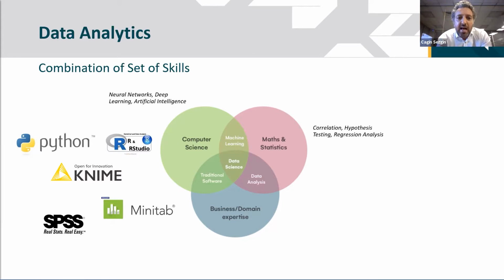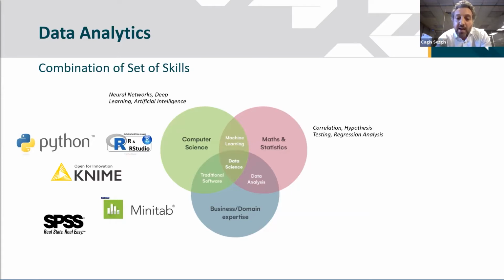There is a lot of software that is becoming popular day by day regarding data science. Python, R is one of them, and KNIME is very important also. KNIME is a software that helps data scientists but requires no coding, because when I say Python or R, people get a little bit scared because it requires coding.